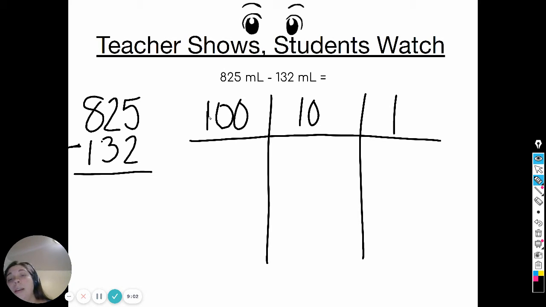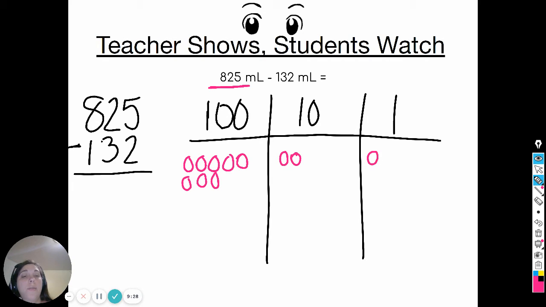Okay. Now I'm going to start out just like addition. I'm going to draw this first number on there, which is 825. So I'll need 8 hundreds, 2 tens, and 5 ones. 1, 2, 3, 4, 5. Start a new row. 6, 7, 8 hundreds. 1, 2 tens. 1, 2, 3, 4, 5 ones.